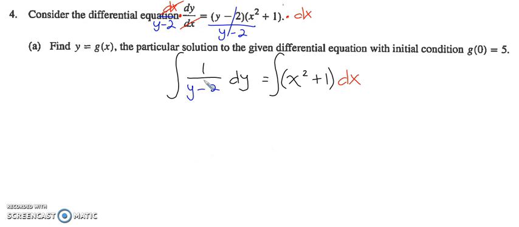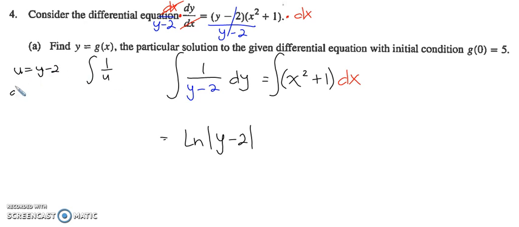Remember that the integral of 1 over y minus 2 is just the natural log of y minus 2. Hopefully this isn't too hard to see. It's just a simple u substitution. If you let u equal y minus 2, then you have the integral of 1 over u.